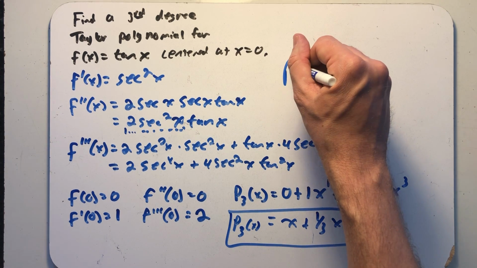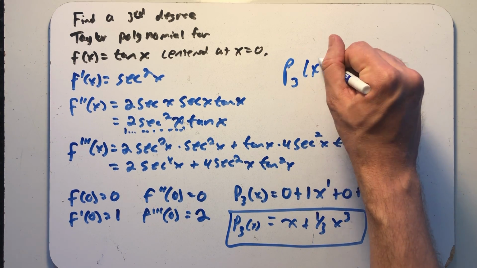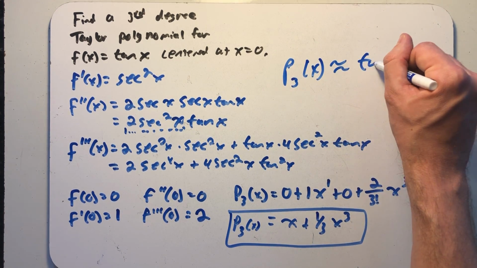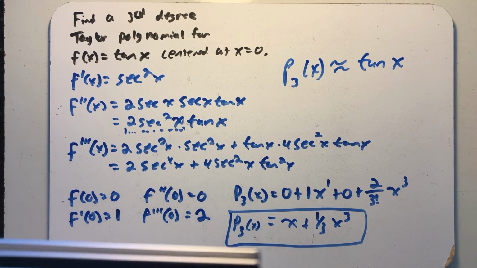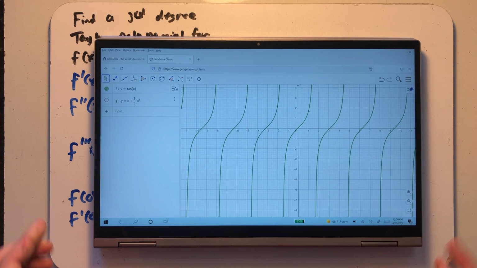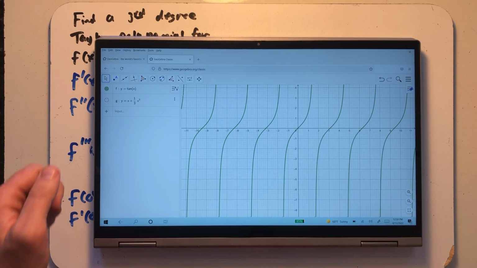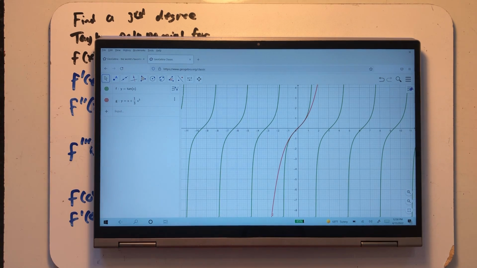Well, my goal here, or our goal largely with a Taylor polynomial, is to have something that would at least approximate our function. So here I have a graph of tangent, and over here I'm ready to look at a graph for x plus 1/3 x cubed.